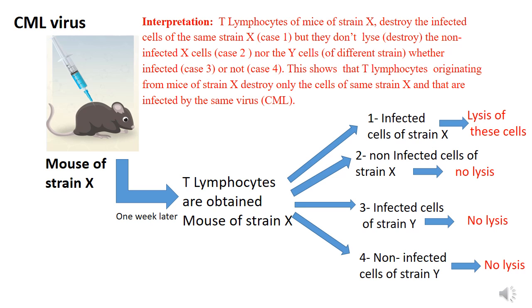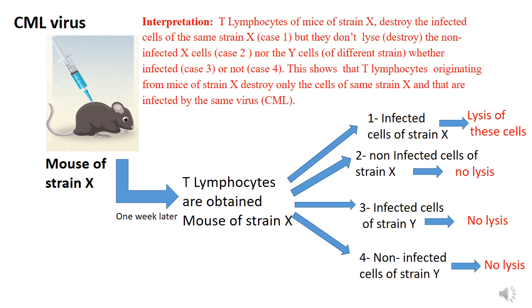So T lymphocytes have destroyed these cells, but they don't lyse or destroy the non-infected X cells, case 2, nor the Y cells of a different strain, whether infected in case 3 or not infected, case 4. So this is the analysis. What would be the significance?